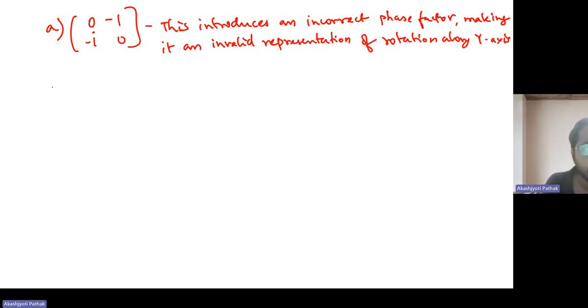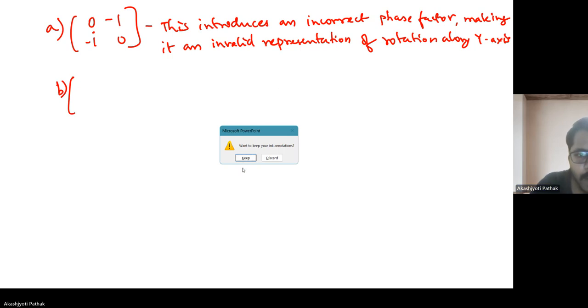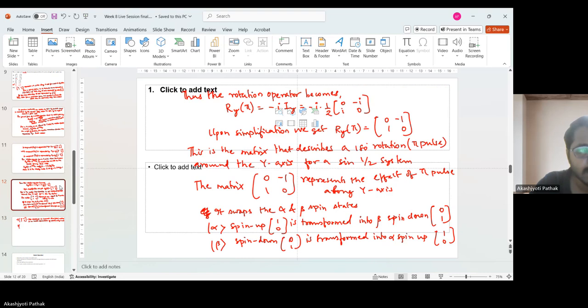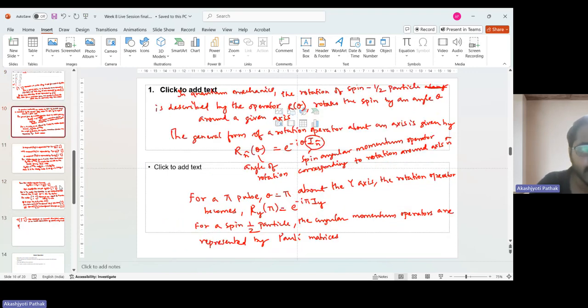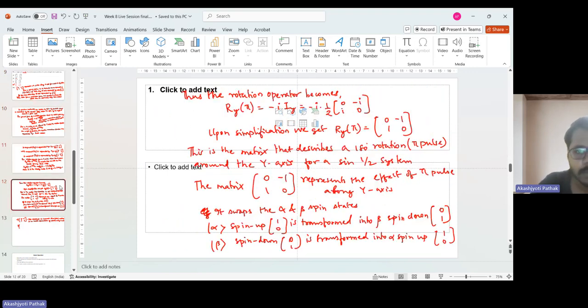Now, what about option B? Option B was [1 -1; -i 1]. Why was it wrong?